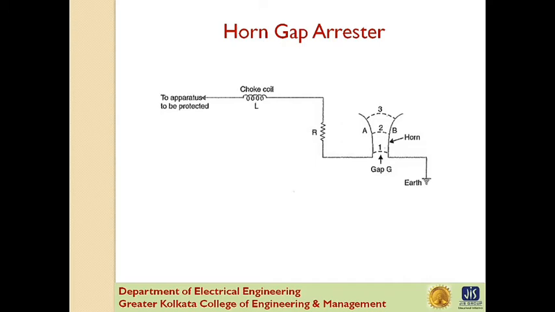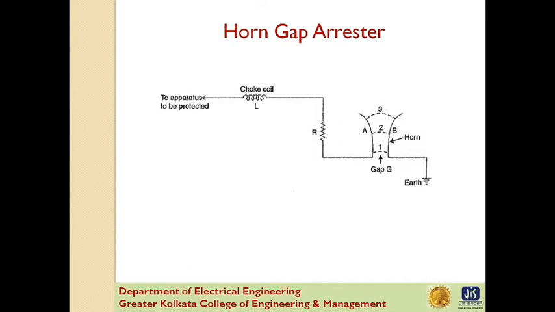The choke coil is so designed that it offers small reactance at normal power frequency, but very high reactance at the transient frequency, thus the choke does not allow the surge to enter the apparatus to be protected.